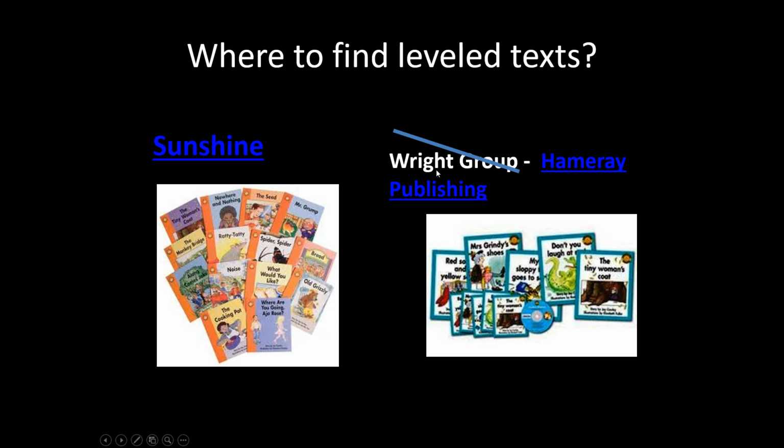That's where you got all your Mrs. Wishy-Washy books. The Wright Group was bought by McGraw-Hill, and then they kind of did something a little less helpful with their leveled texts. They sold some of the most popular titles to Hammer, so if you're still looking for Mrs. Wishy-Washy texts, or You Can't Make Me Laugh, these kind of books, you can get them at Hammer Publishing.